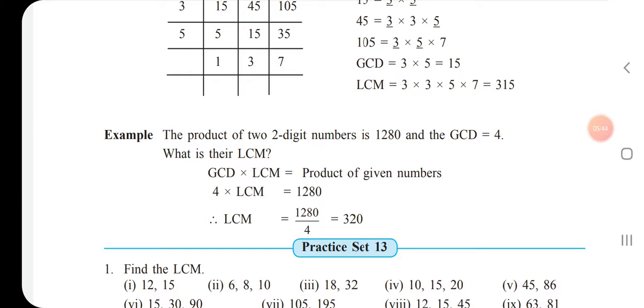What is their LCM? Here the product of the two numbers is given as 1280 and the HCF is given as 4. So with the help of this formula, HCF into LCM is equal to the product of the given numbers, we can find the LCM. Just put the given values in this formula. So LCM will be equal to 1280 divided by 4, that will be 320.